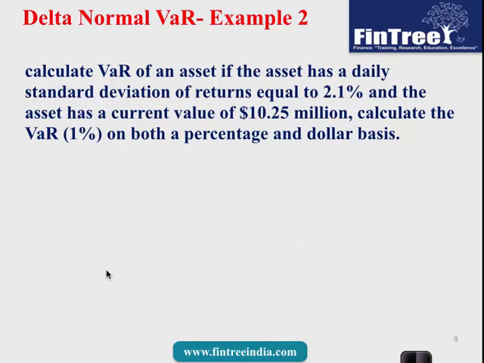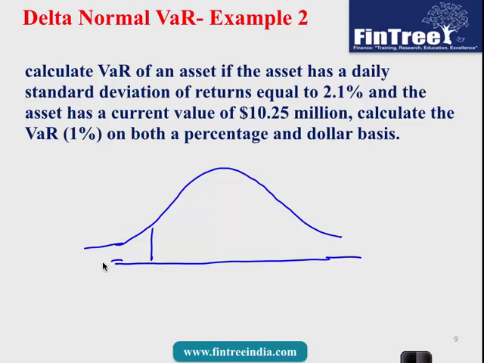Example 2. So this time we are looking for 1% VaR. That means your Z value is going to be 2.33. Standard deviation is given as 2.1%. So this multiplied with 2.1% gives minus 4.89 percentage.